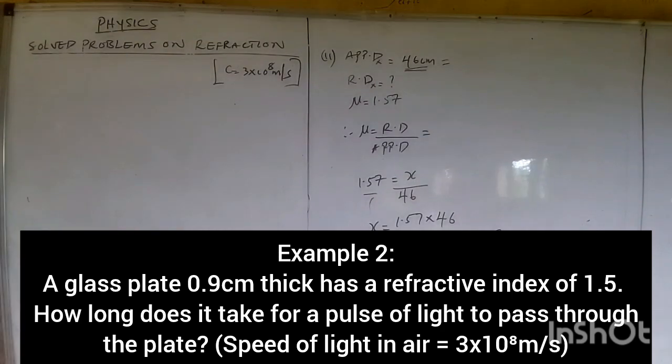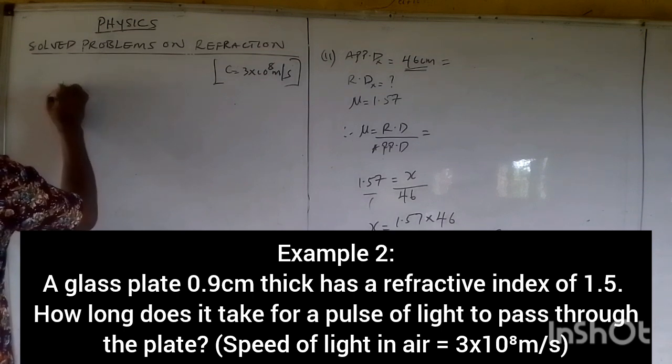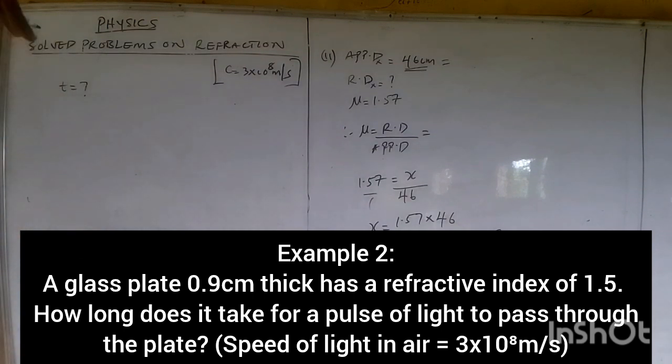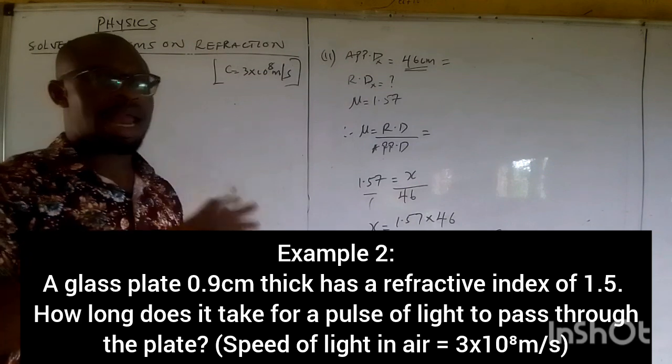Okay, so from the question, the time is not given. How long does it take for that pulse of light to pass through? Now, the two media in question here are air and glass.